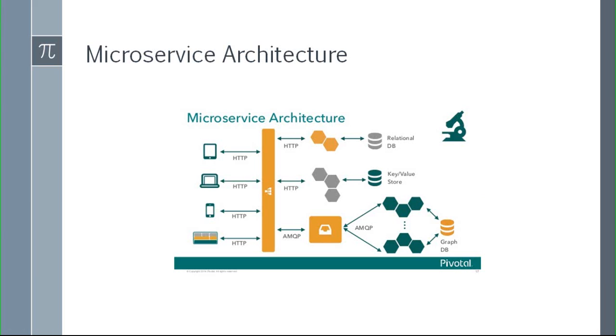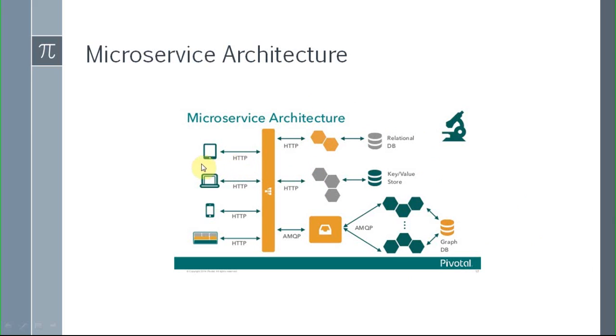In this slide, you see the microservice architecture suggested by Pivotal. In this part, we have an API gateway and different kinds of clients using this API gateway in order to communicate with the infrastructure of our architecture.